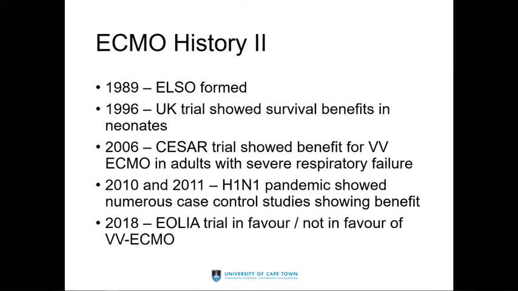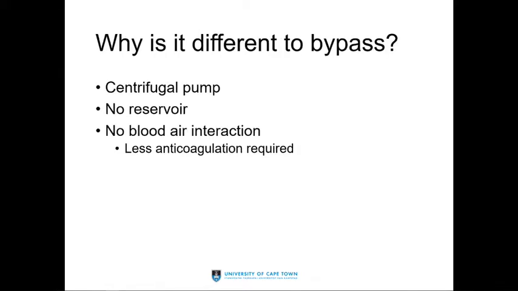In 2018, the French ran the EOLIA trial, and it again came down as equivocal in terms of whether ECMO was able to make a difference. The trial was actually stopped earlier because it wasn't going to prove a statistically significant difference, and there were reasons for that in the study design as well. So you just do need to understand, why is it different to bypass?